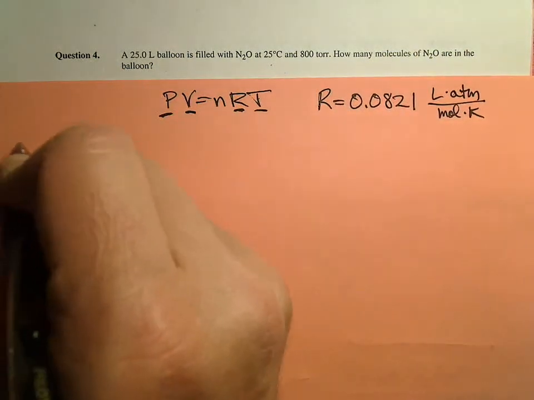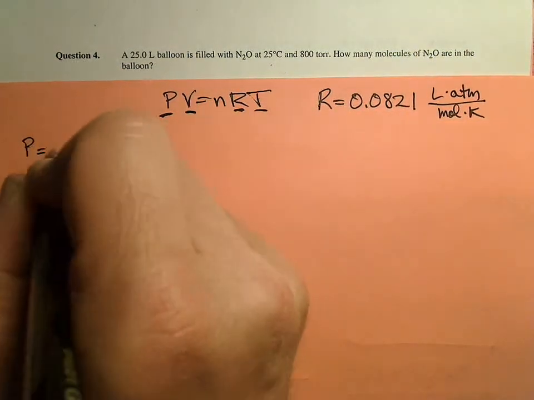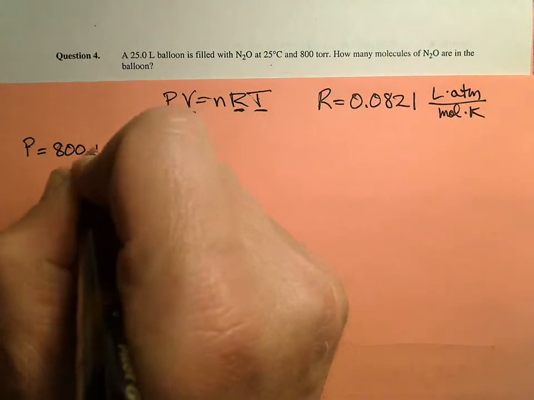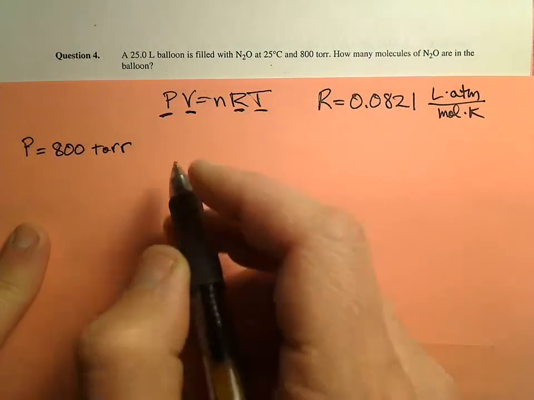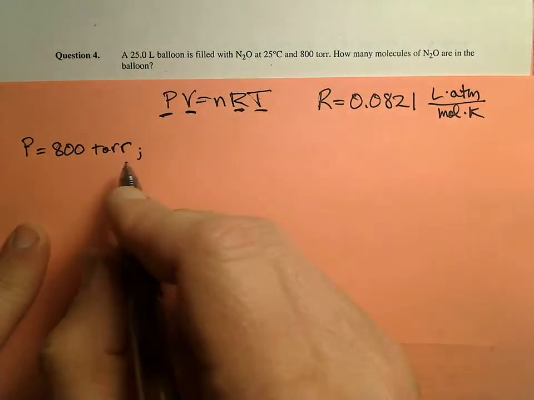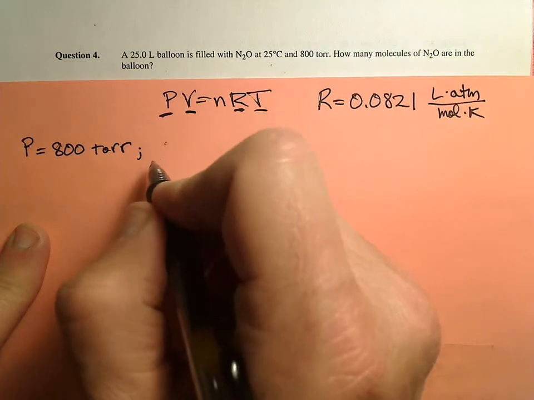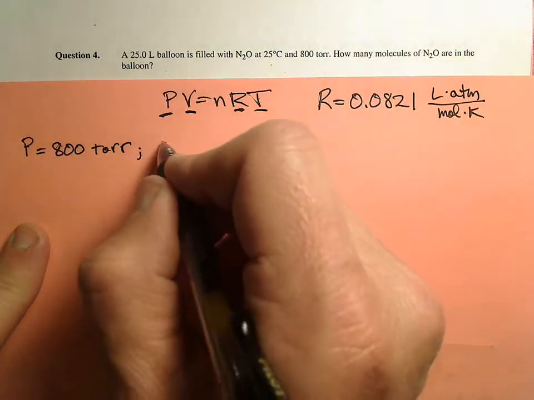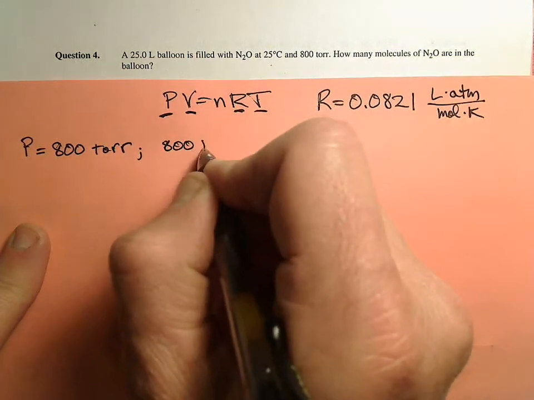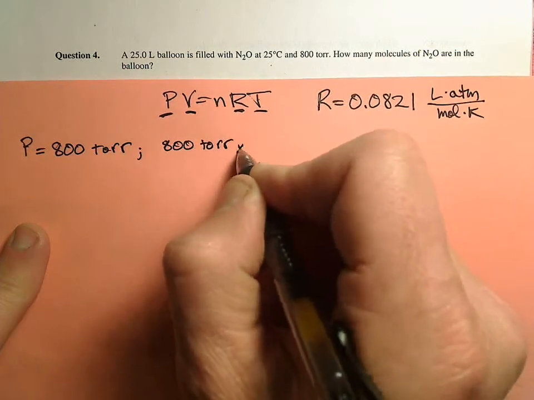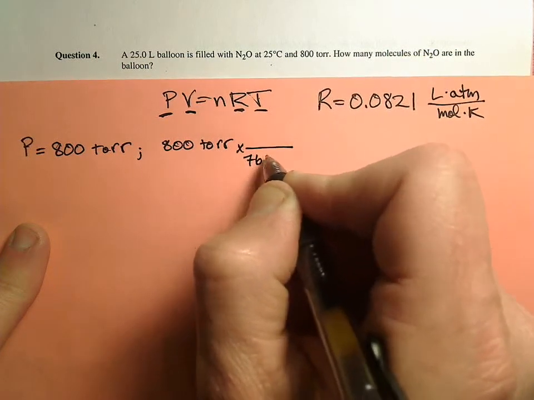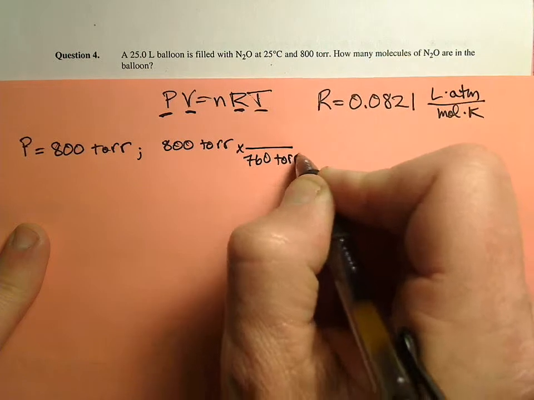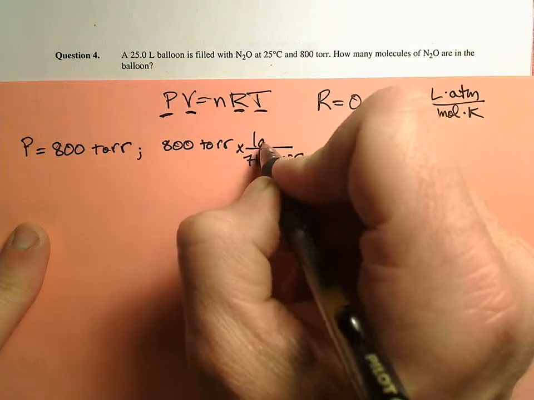Well, let's write that down over here. Pressure is equal to 800 torr. Well, we need to convert that to atmospheres. So we know that there are 760 torr in one atmosphere. So we can say 800 torr, and then we know there are 760 torr in one atmosphere.